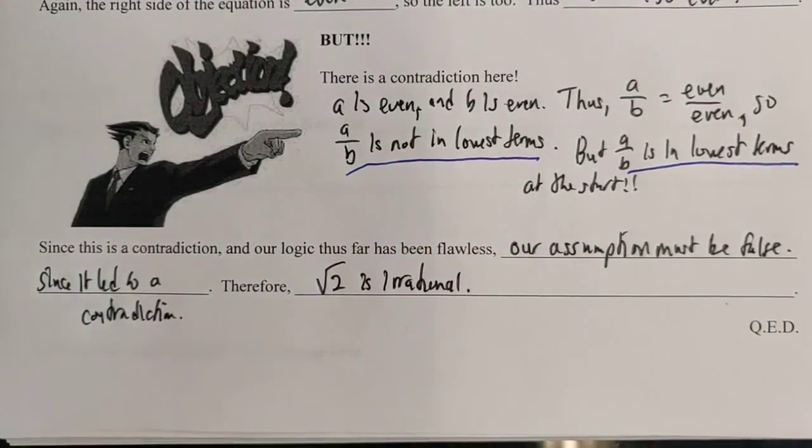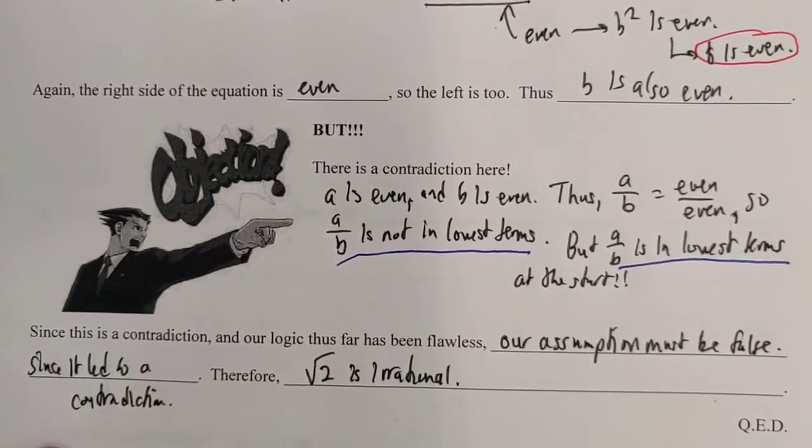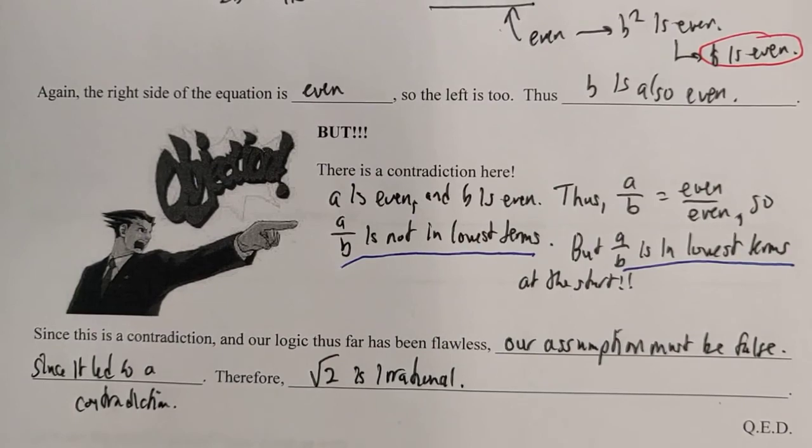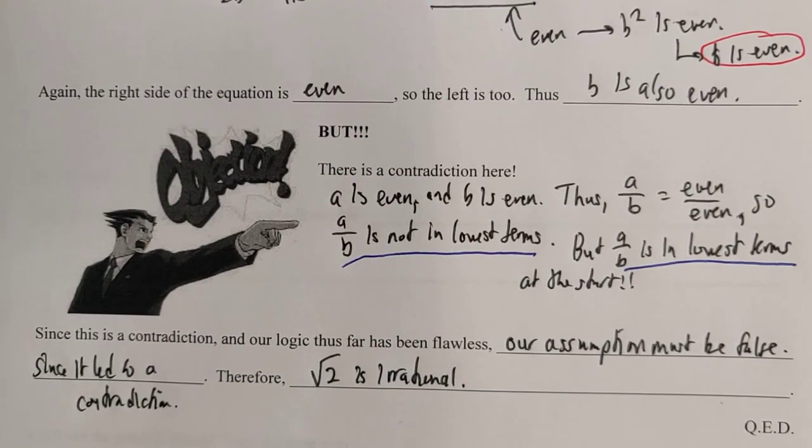And there you go. So notice that this proof is indeed showing that the square root of 2 is irrational, and this is done by contradiction. Probably one of the most beautiful proofs out there. Very simple in its concept, but amazing in its execution.